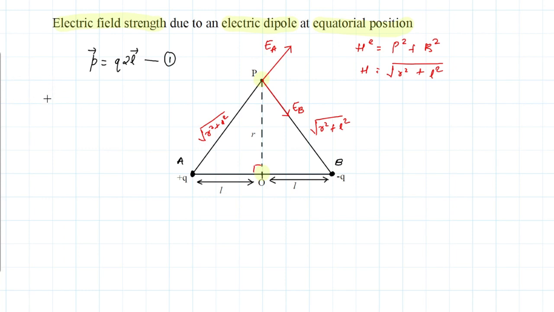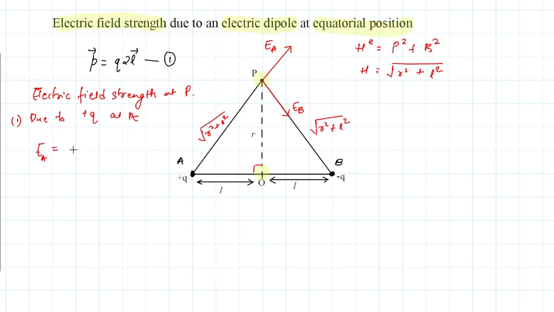Okay, so let's write it down. First let me write the electric field strength, first we will write due to plus Q at A, electric field strength at P. We are finding electric field strength at P, and first we are going to write due to positive charge at A. So we will give this the name EA.